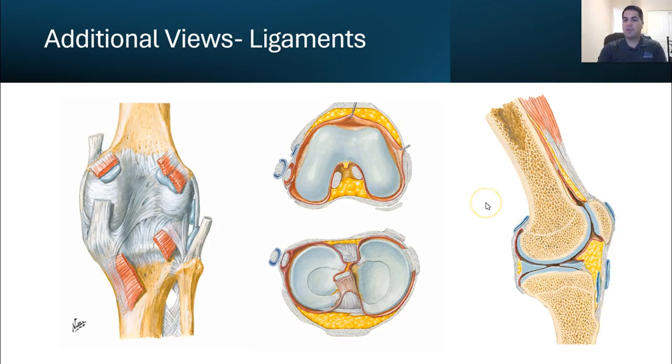If we look at the goal of the patella and what it's supposed to do, it creates a longer, greater lever, especially in extension, and it allows the force from the quadriceps to attach onto the tibia.